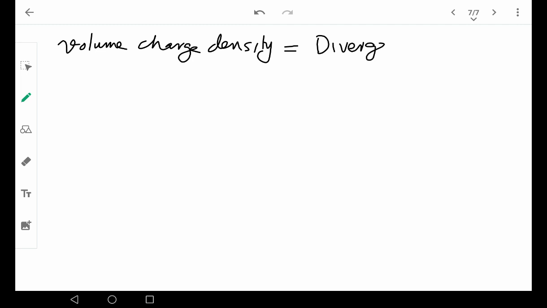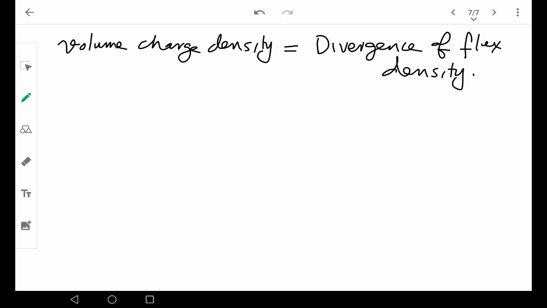Volume charge density equal to divergence of the flux density. This is a very important equation in electromagnetics, this Maxwell's equation 1.